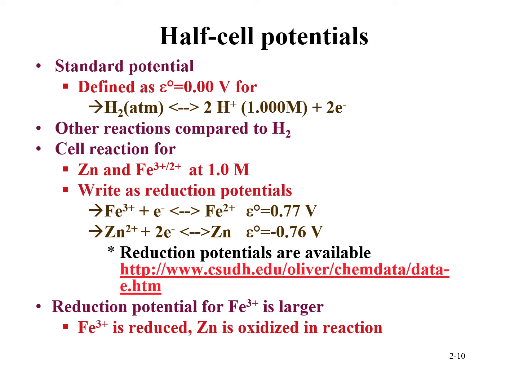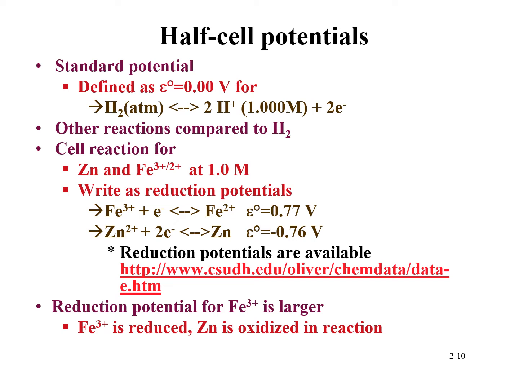So for instance, if we have a cell with zinc and an iron 3 to iron 2 couple at 1 mole, we can evaluate what will occur, what element will oxidize, what will reduce, and what will be the overall potential.